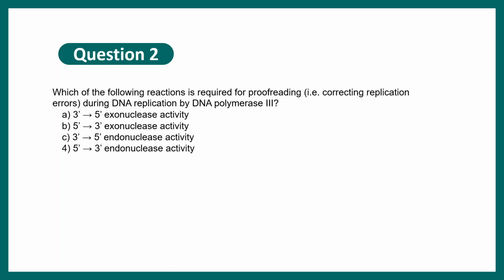So it simply asks which of these activities is responsible for proofreading. And the correct answer would be 3' to 5' exonuclease activity. Now, in order to know how DNA polymerase works, you can click on the link provided in the I button. You can quickly revise this concept within 5 minutes.